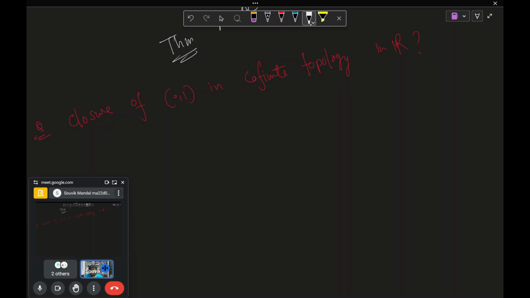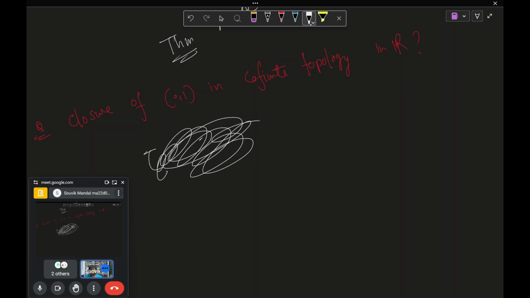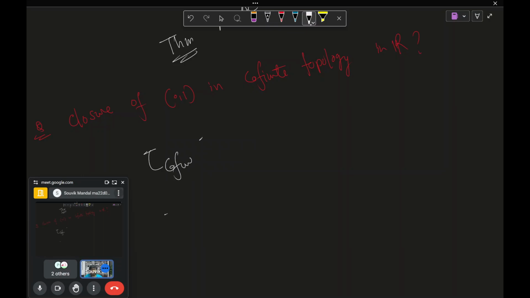So look, what is the cofinite topology? What are the open sets? How is it defined? It contains all those U subsets of R such that R minus U is finite.